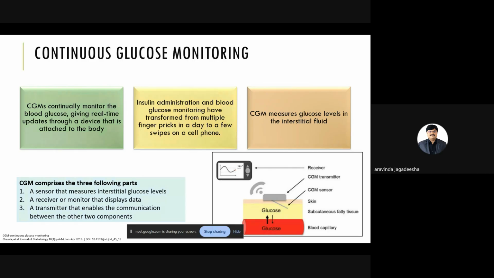You can see in this part of the slide, from the bottom, the blood capillary, subcutaneous fatty tissue, and skin. You can see the CGM sensor, a small plastic one which will be beneath the skin. Then you can see the CGM transmitter here and the receiver. So these are the three parts.